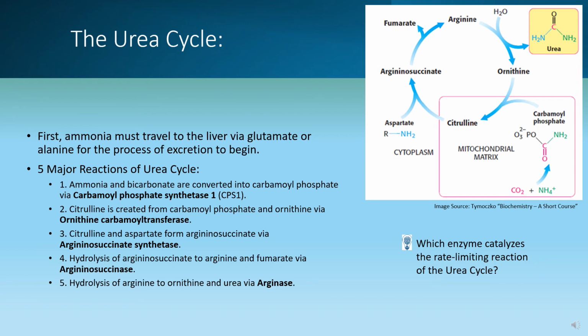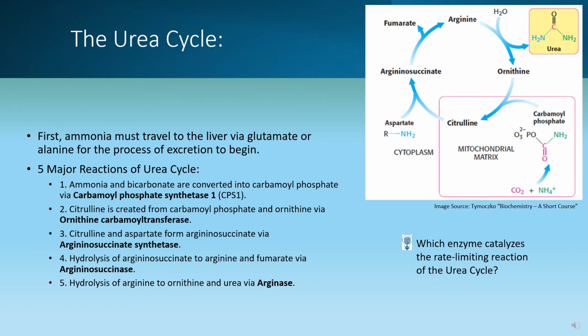The first reaction is the entry into the urea cycle. The compound carbamoyl phosphate is created from bicarbonate and ammonia through the enzyme CPS1.